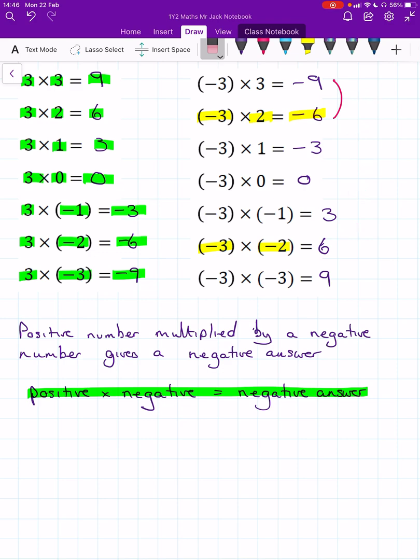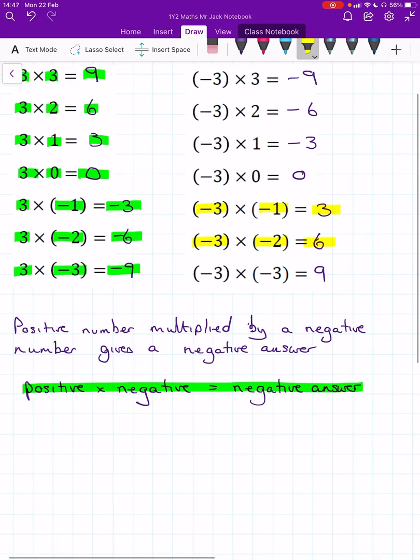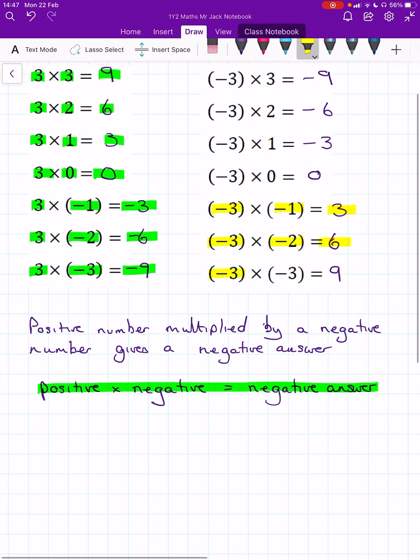Now, can we spot a rule for these ones? Well, let's have a look. We've got negative times negative, positive answer. Negative number times negative number, positive answer. Negative number times negative number, positive answer.